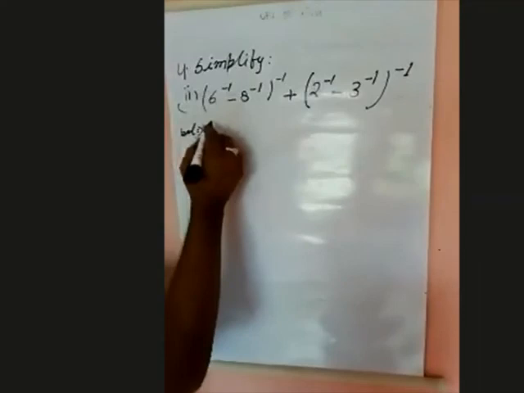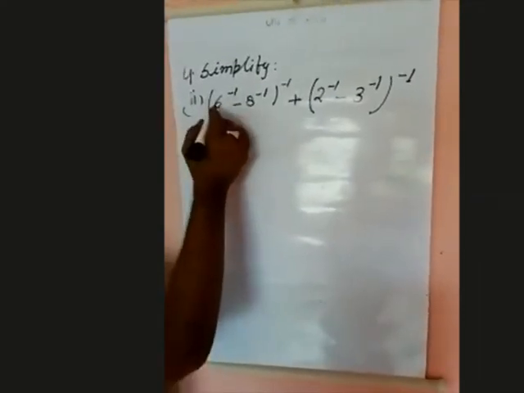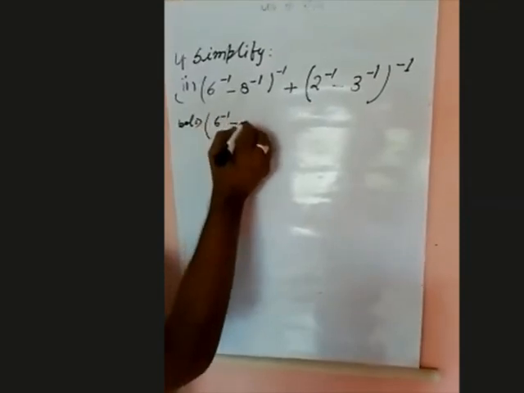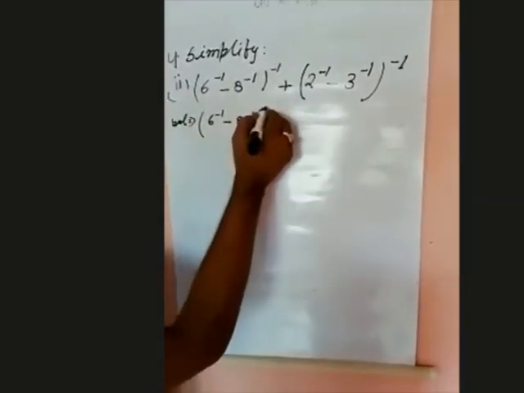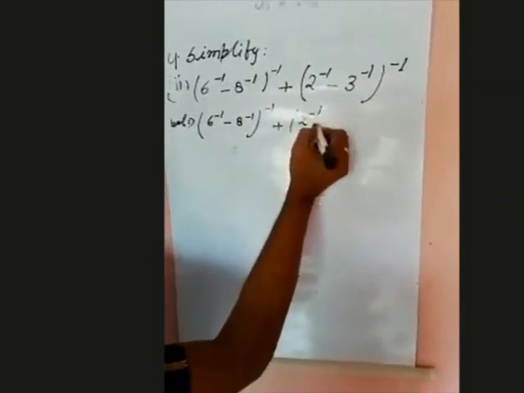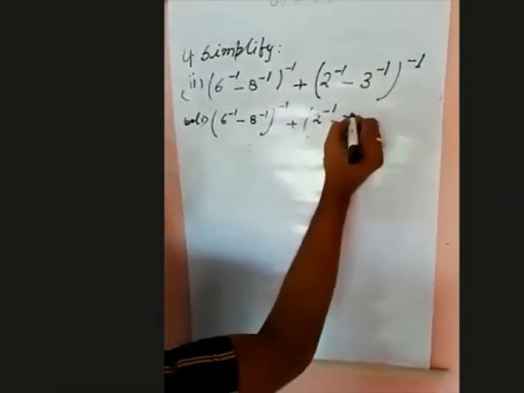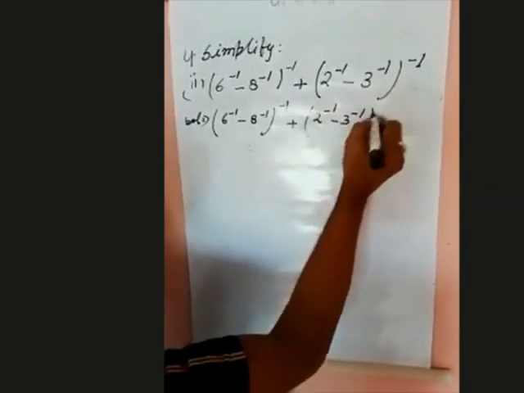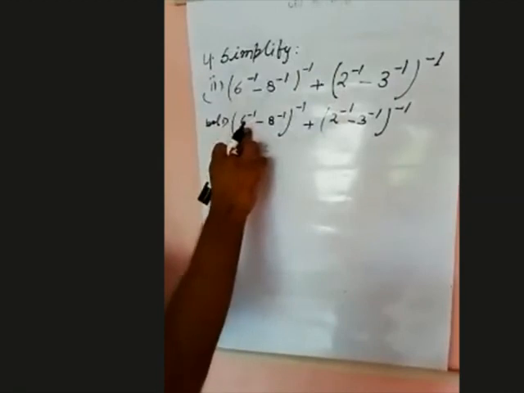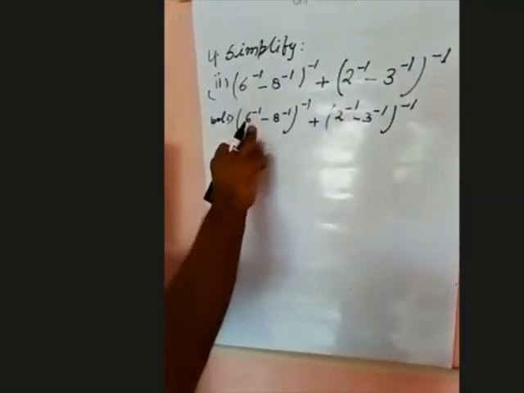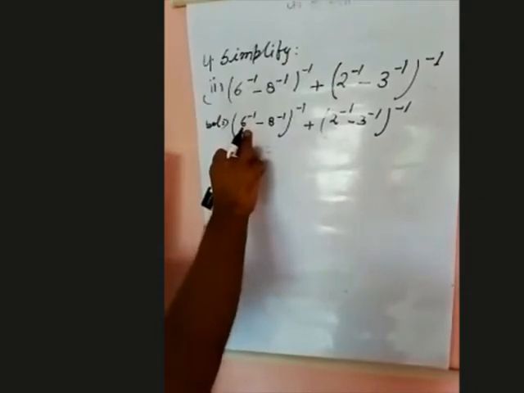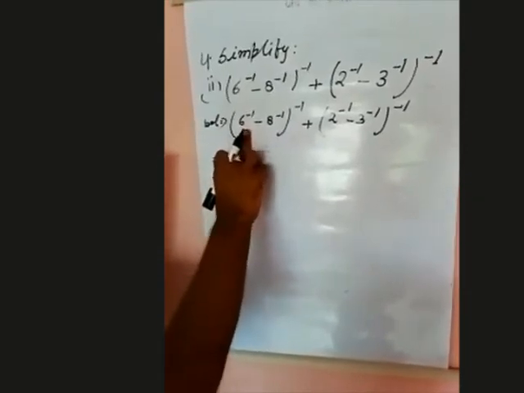First we write it, and according to the sixth rule, (a/b)^-1 equals b/a.